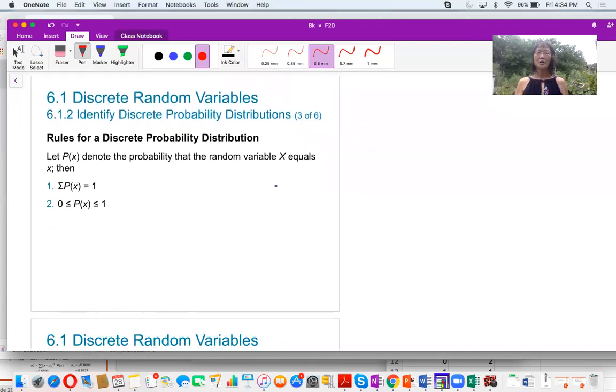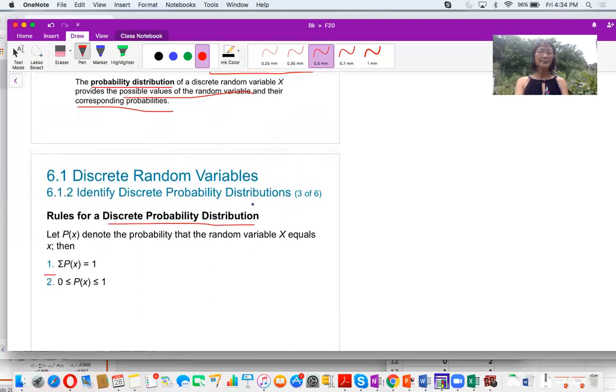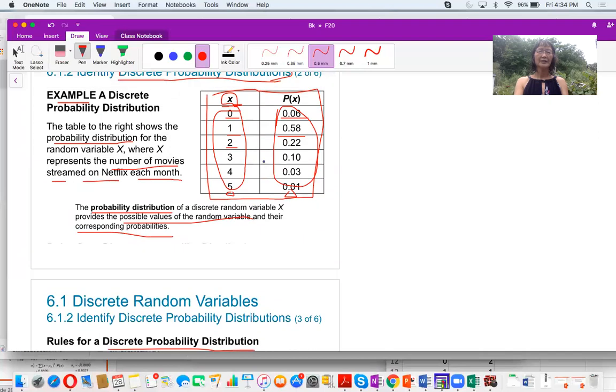There are some rules for a discrete probability distribution. Rule number 1, all the probabilities together must equal 1. Okay. So if you add all these numbers together, it must be equal to 1.